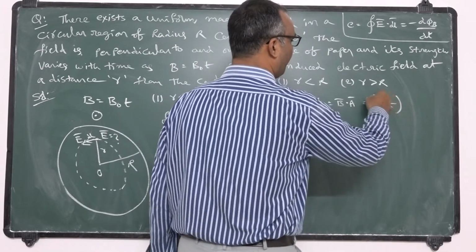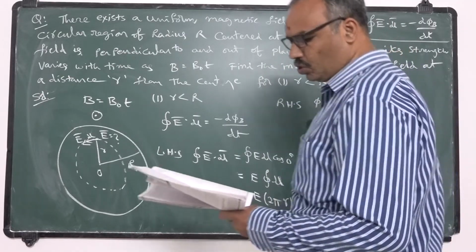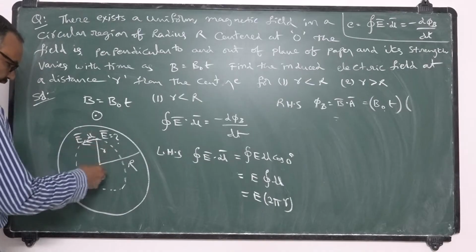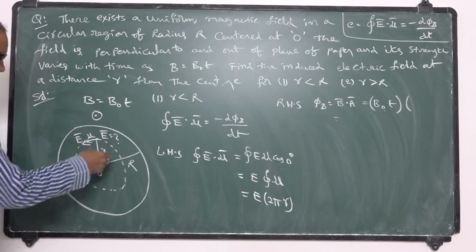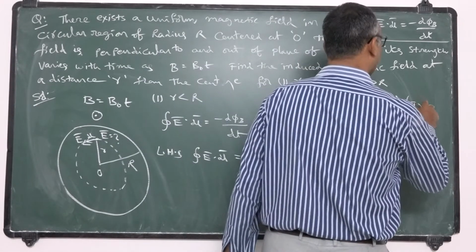Area means what I should take. The area of the loop associated with the magnetic field is nothing but this dotted line area. The dotted line area is nothing but pi r square, pi small r square.